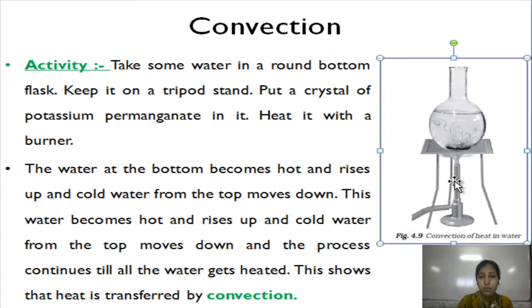The water at the bottom becomes hot and rises above, and the cold water from the top moves down, and the process continues till all the water in the flask gets heated. This shows that heat is transferred by convection.